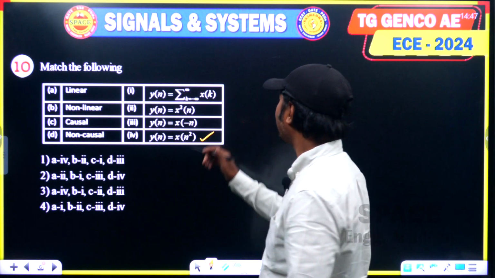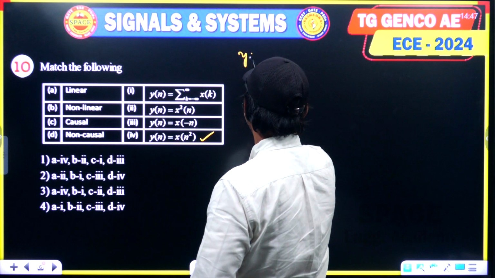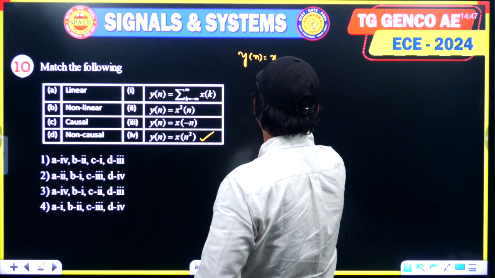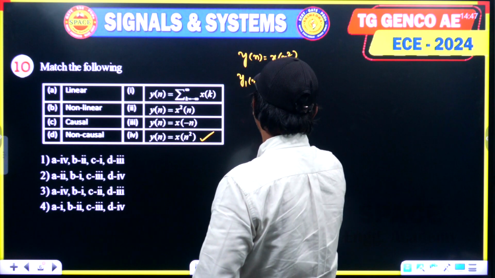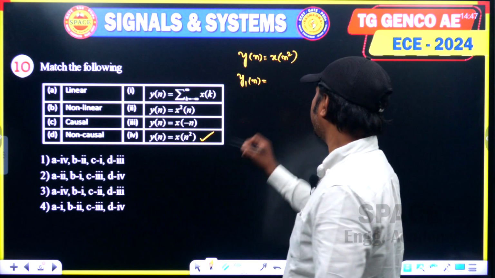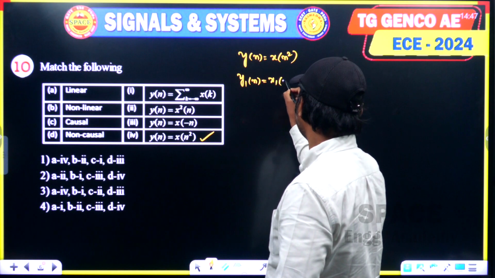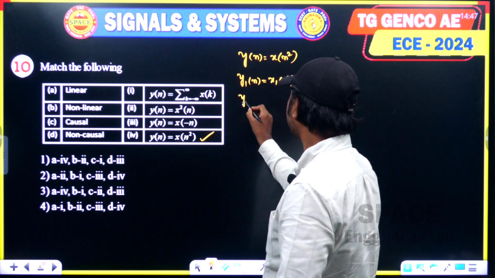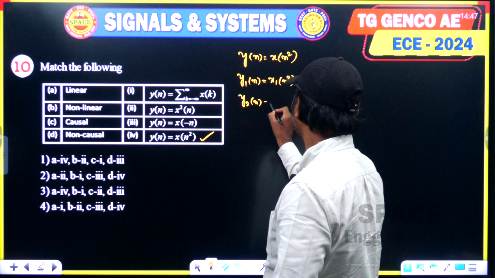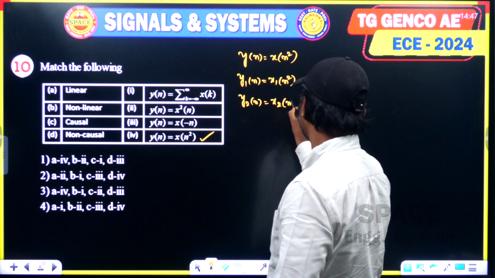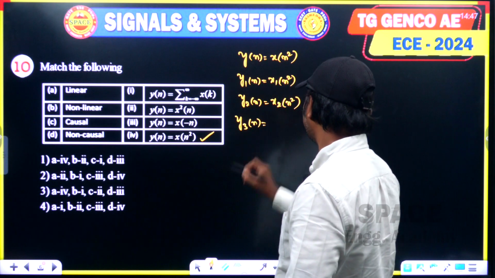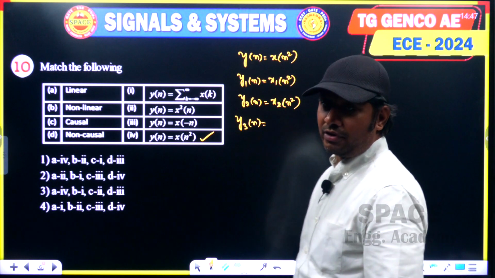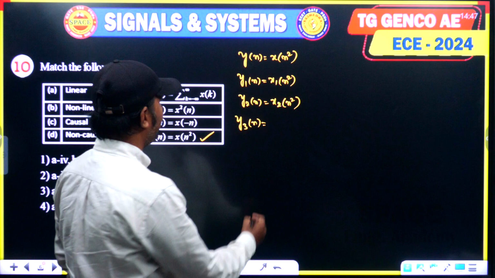Let me check one. Y of n is equal to x of n square. First, apply x1 of n, so this becomes x1 of n square. Second step, apply x2 of n, so that this becomes x2 of n square. In the third step, in place of x of n, apply a x1 of n plus b x2 of n.